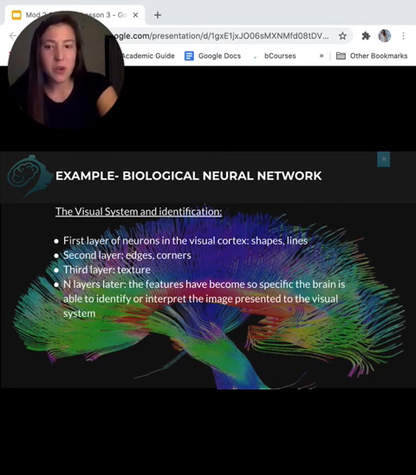It's theorized that the initial receptors in the visual cortex are selective for gross, non-specific features, such as lines or curves. The next layer is selective for specific features, such as edges. The next layer is maybe selective for texture, and eventually you get to what are called facial neurons that are selective for faces.